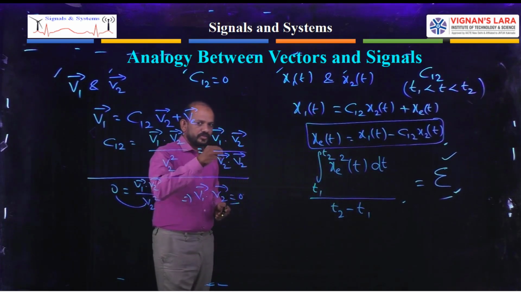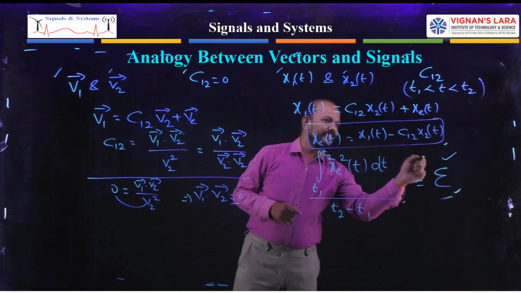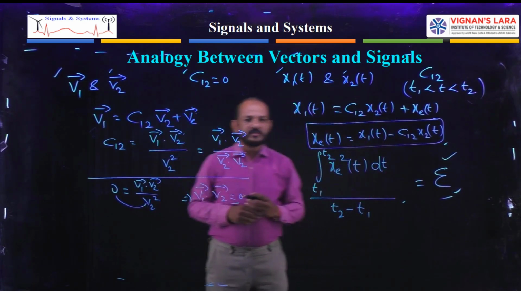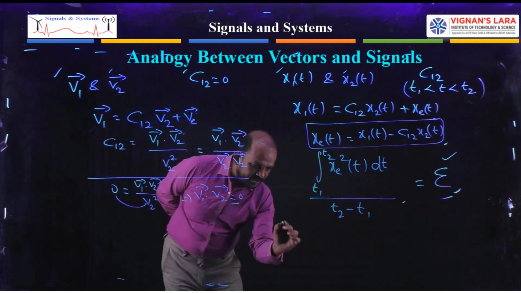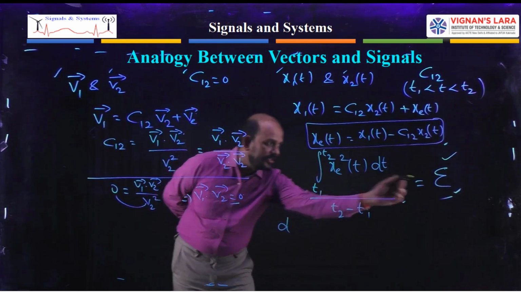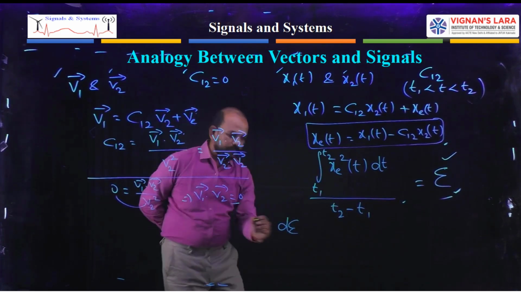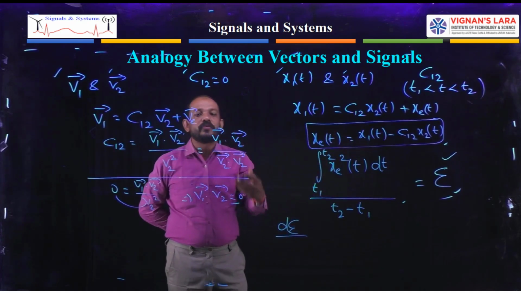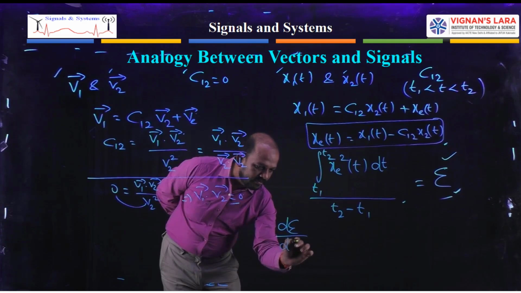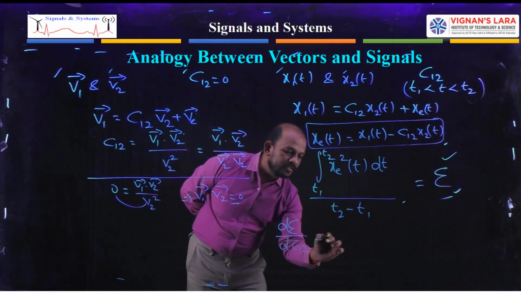So we have to select the value of C12 for minimizing the mean square of the error. That will be done by differentiating this mean square error with respect to the constant we are going to find out, and making that value equal to 0.